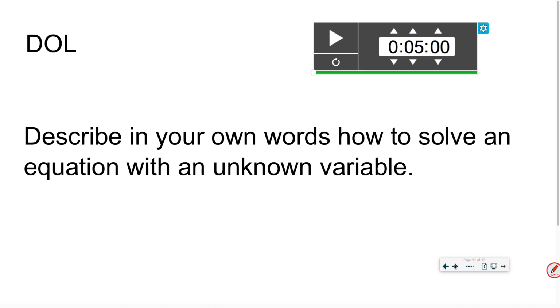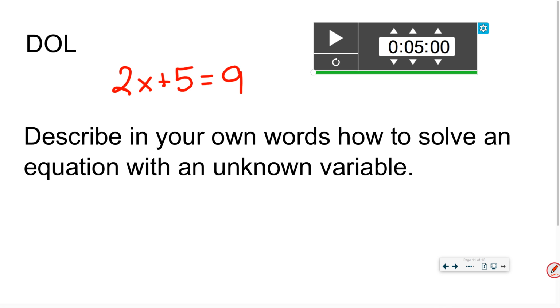Okay. So here's what we're going to do for our DOL. It's not going to be a calculation. And I want you to think as you answer this about how we try to guide you through an equation problem. So let's just give an example here. If you were to explain to someone how to solve that equation, how would you explain that?